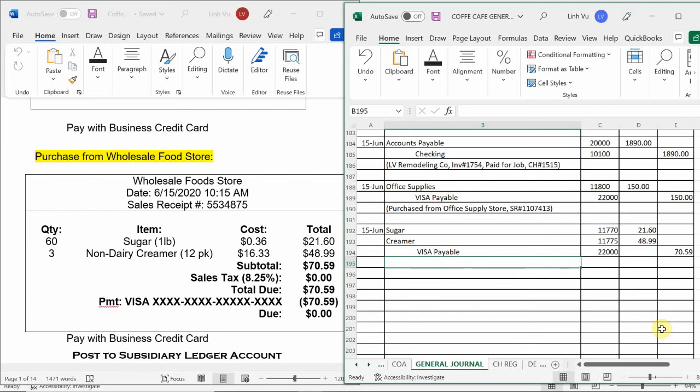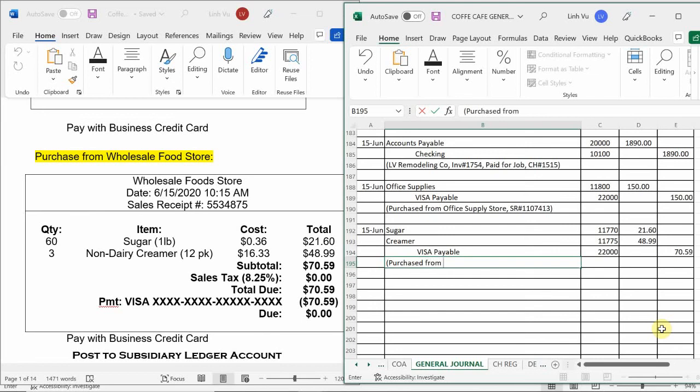So in this case, what am I going to be putting in as my description? Purchased creamers and sugar, and your sales receipt number. From who did you buy it?